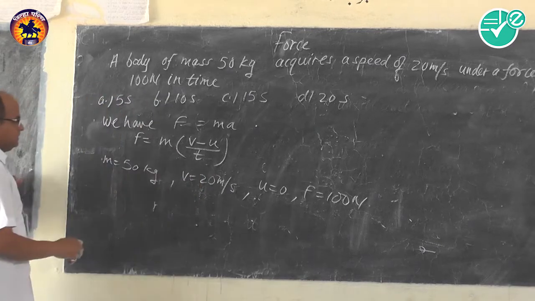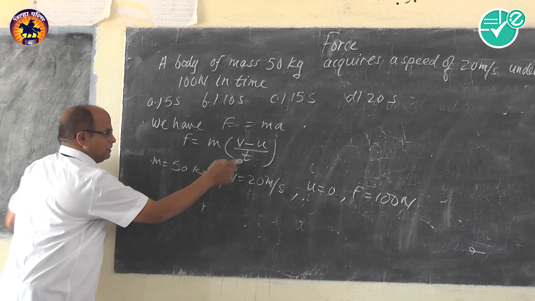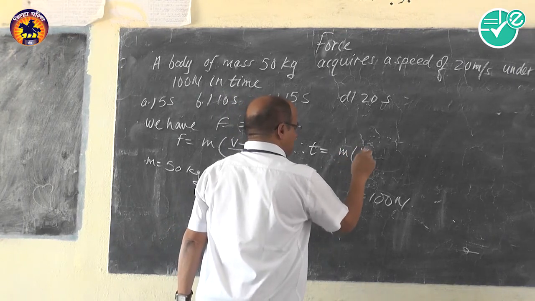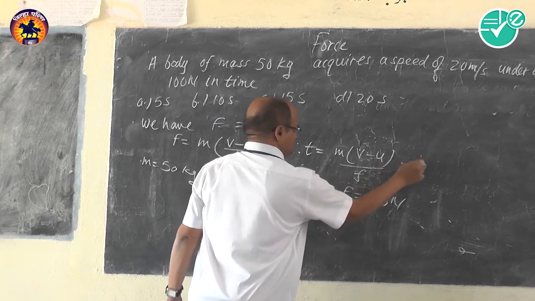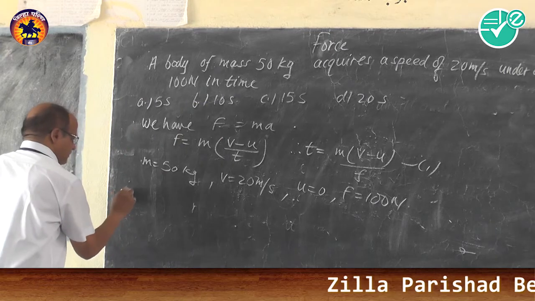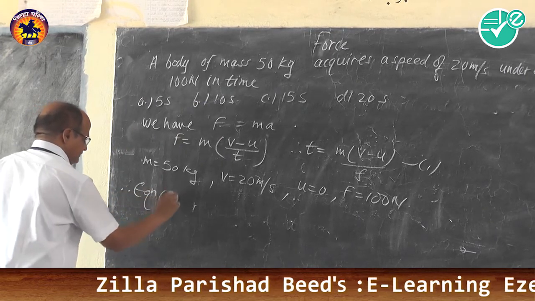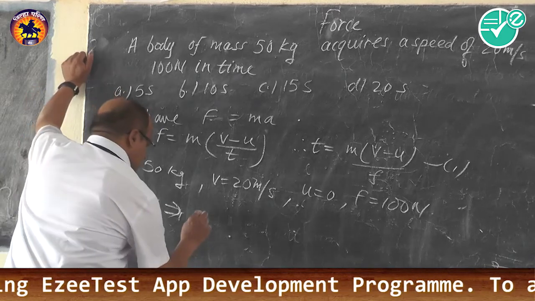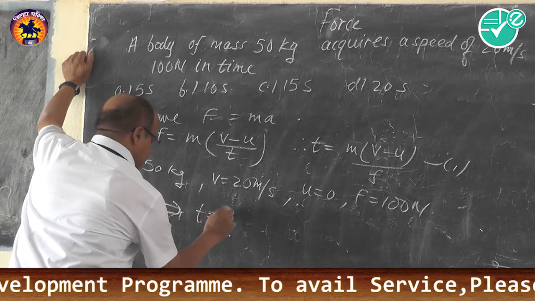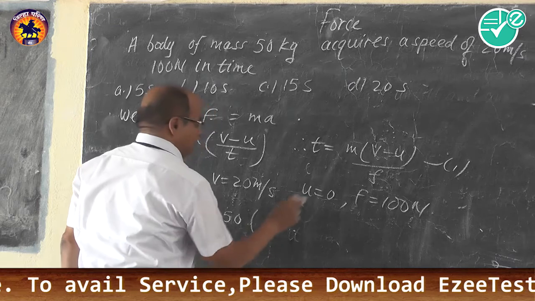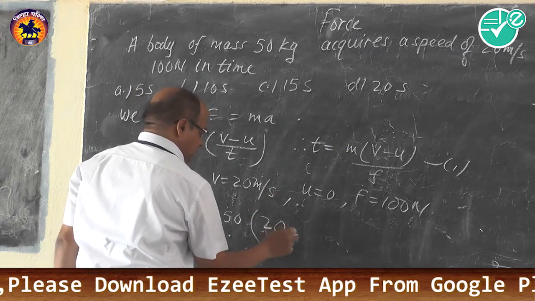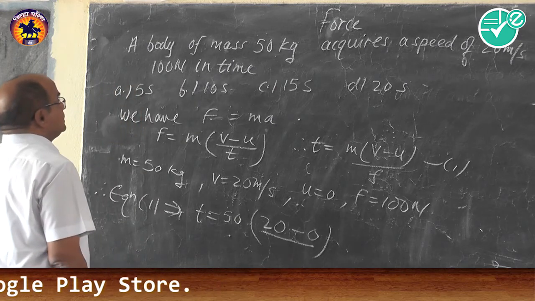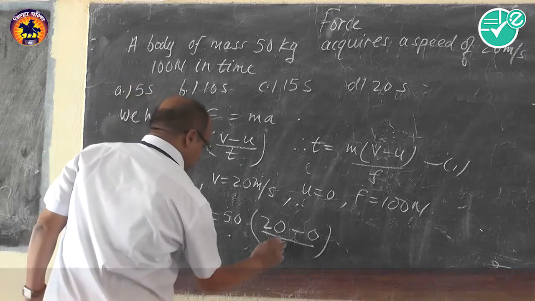Putting these values in our equation, we get t equal to m times (v minus u) upon F. Therefore, equation 1 becomes, since we want to find time, t is equal to m, 50 kg, times final velocity of body 20, initial velocity 0 since the body is at rest, upon applied force 100.